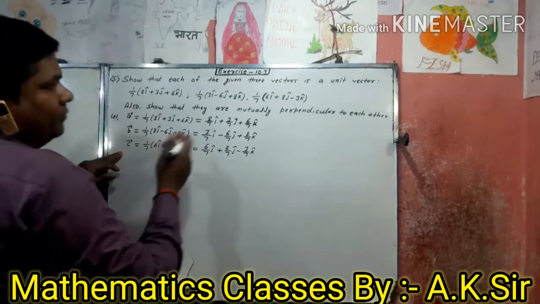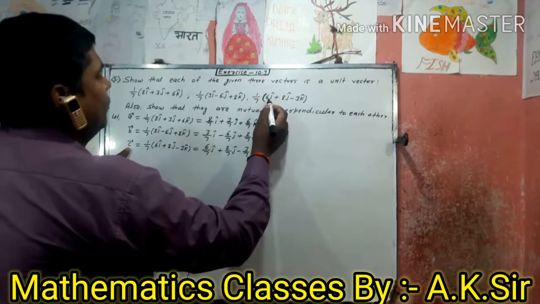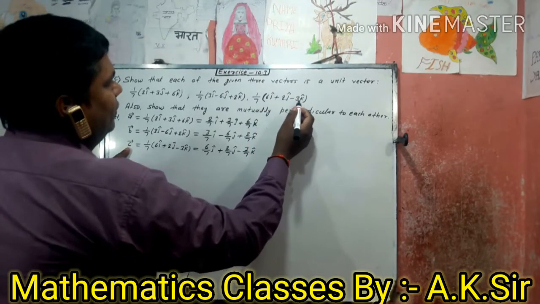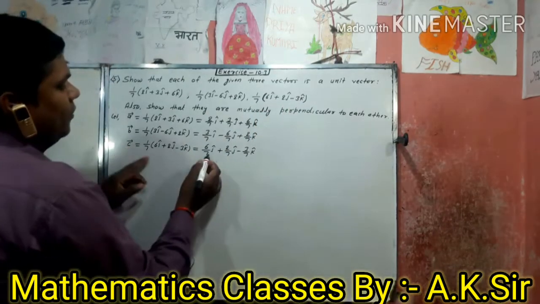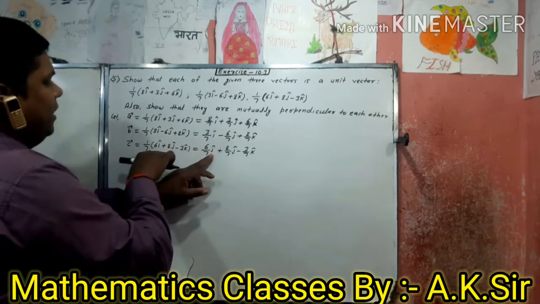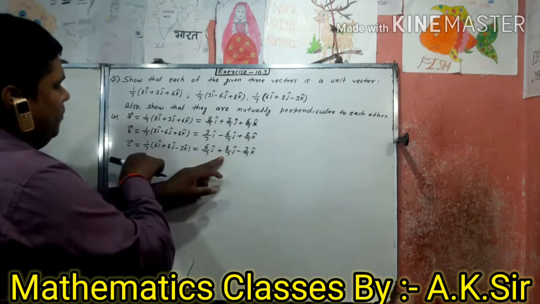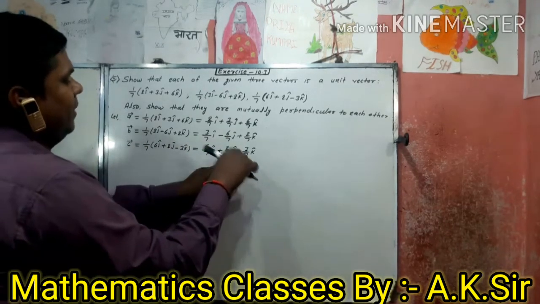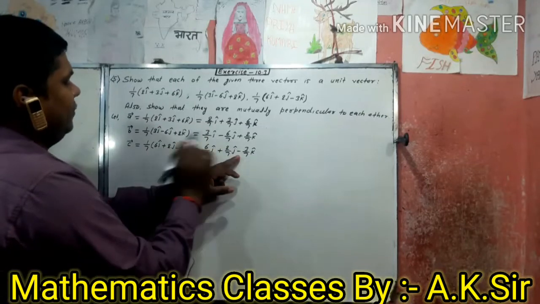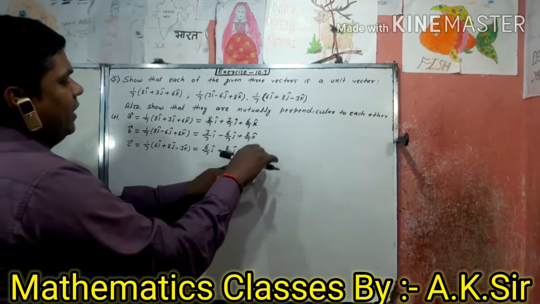Also let C vector be 1 by 7 into 6i cap plus 2j cap minus 3k cap, which is 6 by 7 i cap plus 2 upon 7 j cap minus 3 upon 7 k cap.